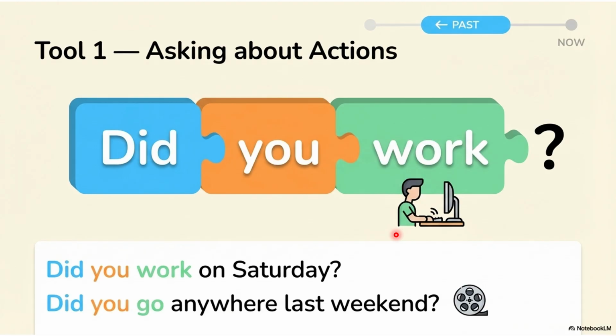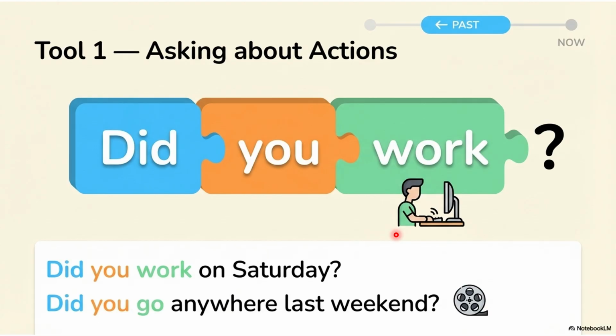So we have ate, the simple present form is eat, did, met, saw, slept, spent, drove, went. All of these verbs are irregular in the past simple. So you have to write down their simple present form.